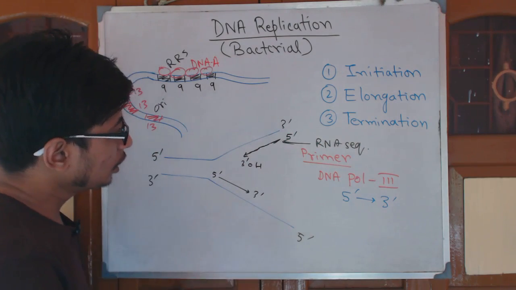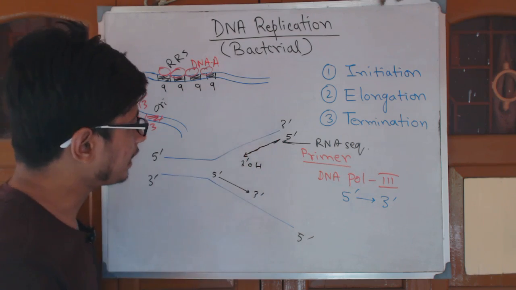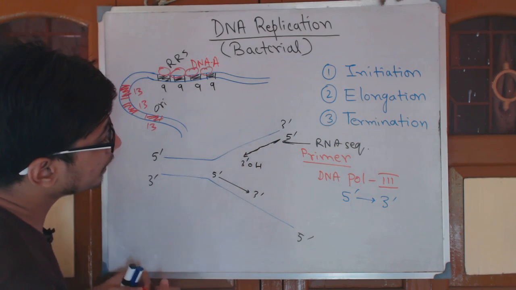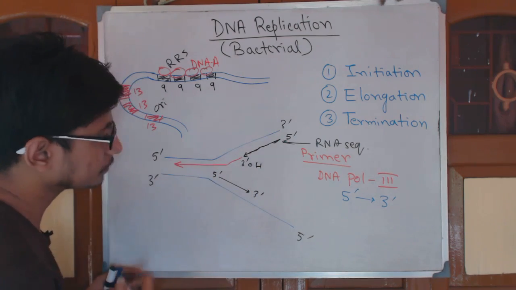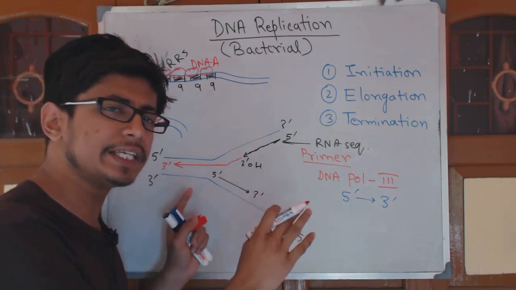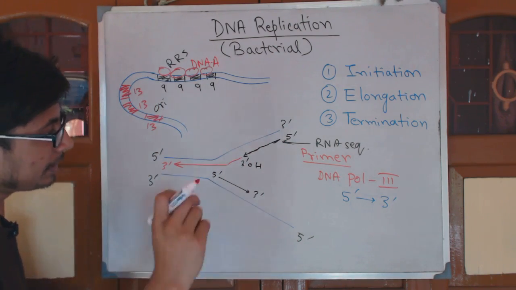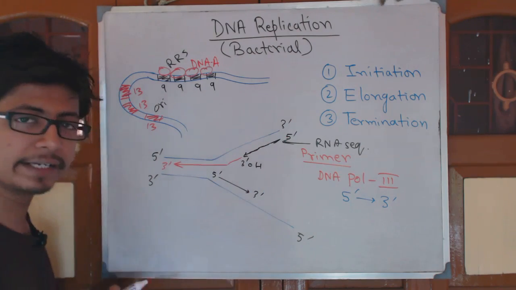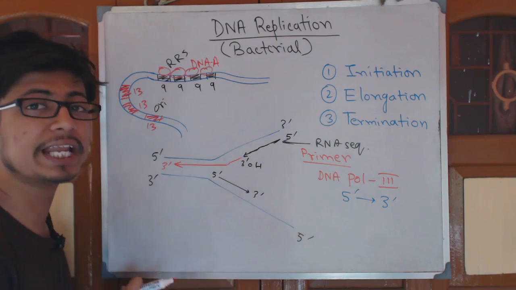If you consider this scenario, for this particular strand, the DNA polymerase can easily elongate the strand in this direction from 5' to 3', without any issue. On the other hand, on this other strand, because of the complementarity of the DNA, we have a different directionality.